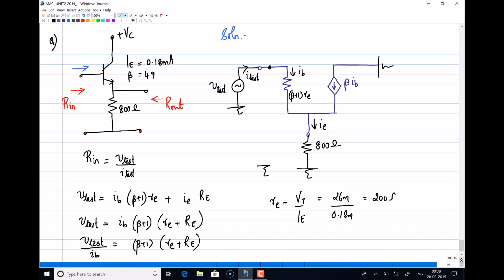So your input resistance Rin is, with beta 49, 50 into 200 plus Re, where Re is 800, equal to 1000 into 50. So 50 kilo ohm is the input impedance by applying the small signal equivalent circuit.